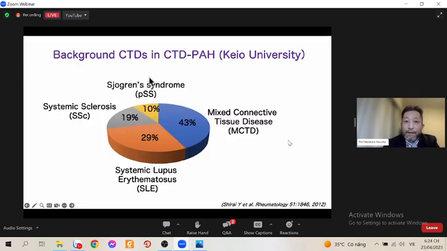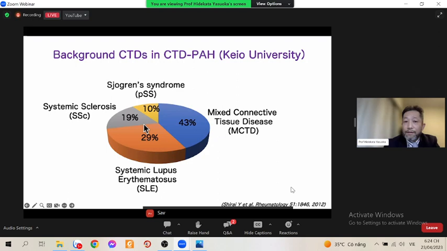This shows the background diseases of connective tissue disease in CTD-PAH. This is a single-center study in Japan, and as this slide shows, MCTD, mixed connective tissue disease, SLE, systemic lupus erythematosus, and systemic sclerosis are the major diseases in Japan.